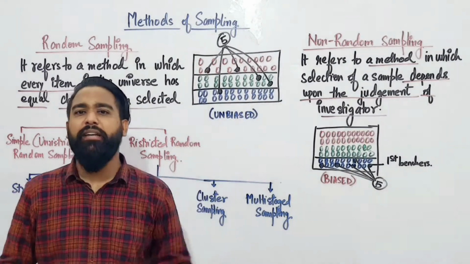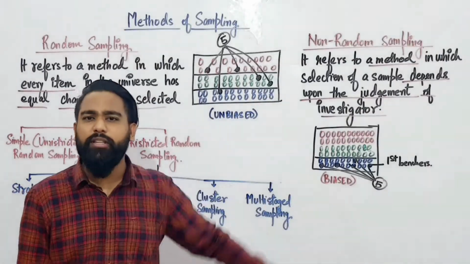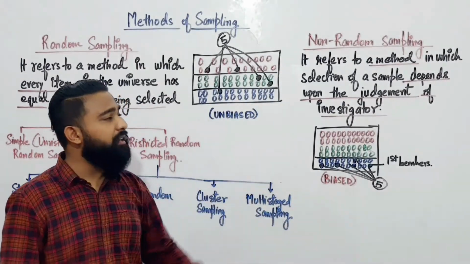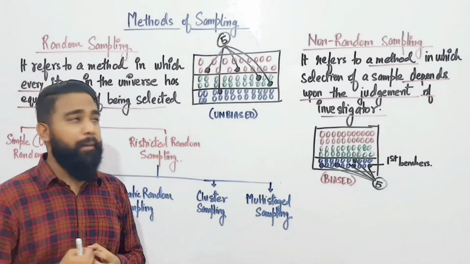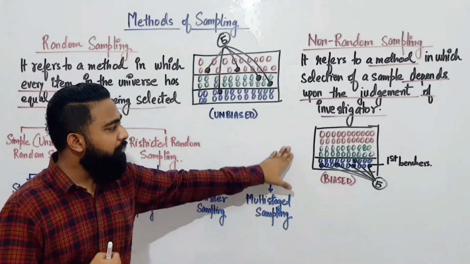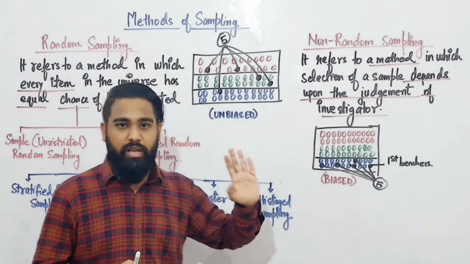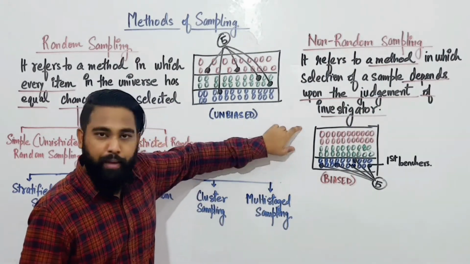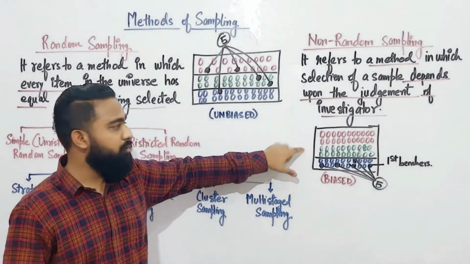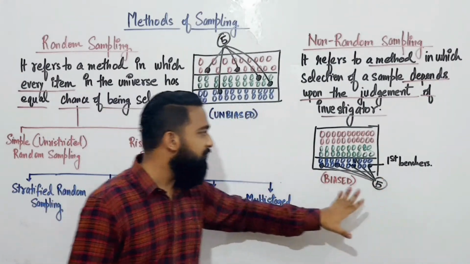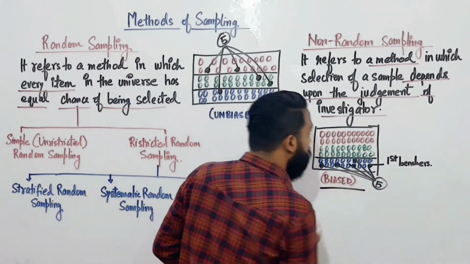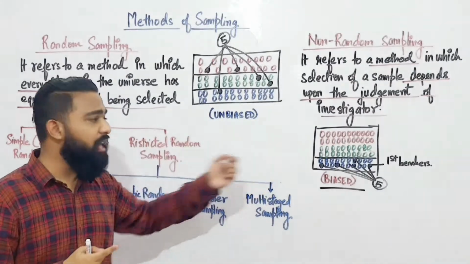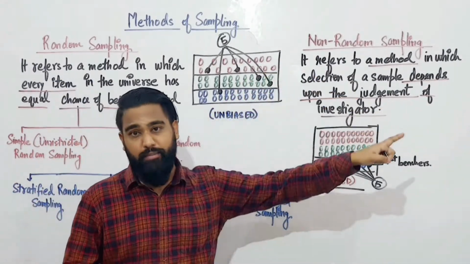Because I was judgmental, I was saying that this class is the naughtiest class. It depends on my thinking capacity, on my judgment. Therefore I selected only first benchers and I rejected the backbenchers and the middle row benchers. So I was biased. I was judgmental. I judged them. So therefore it is non-random sampling.